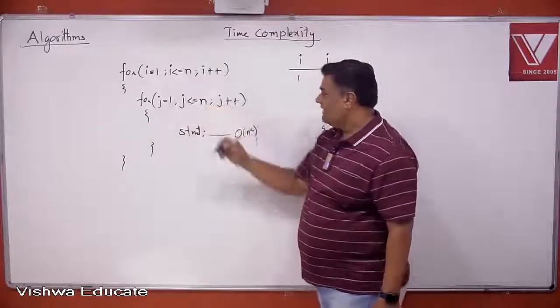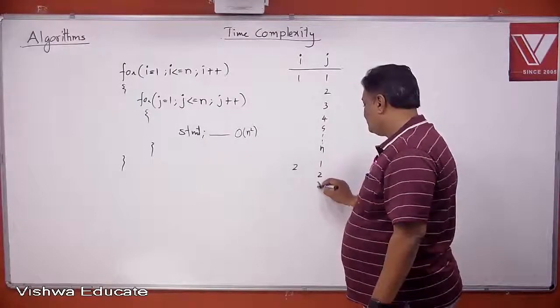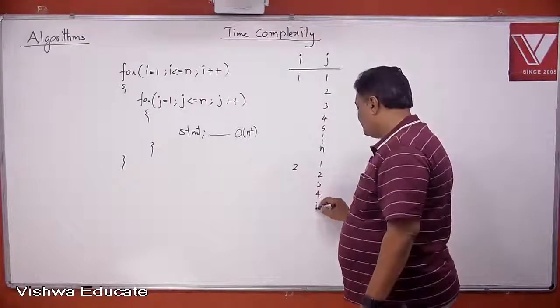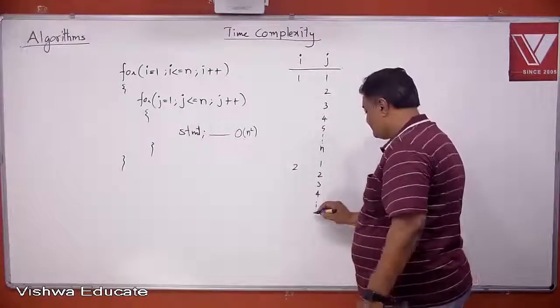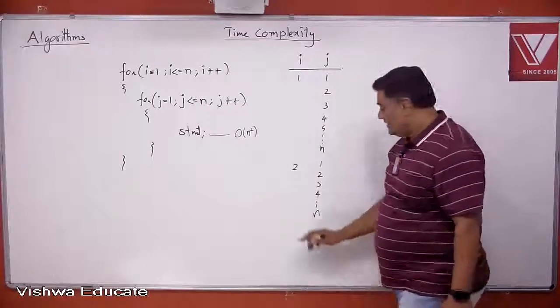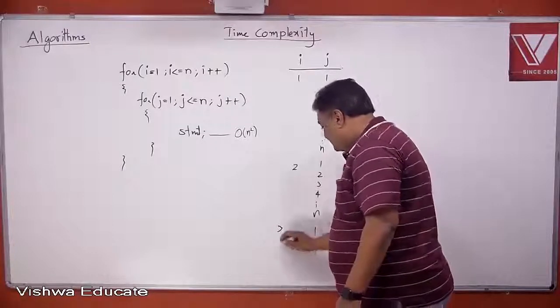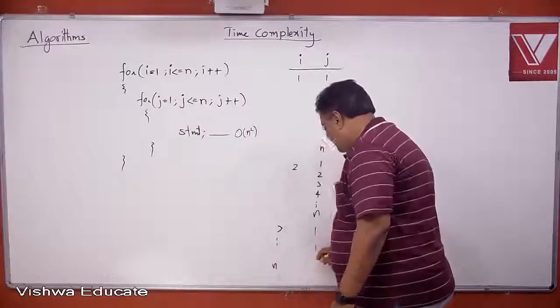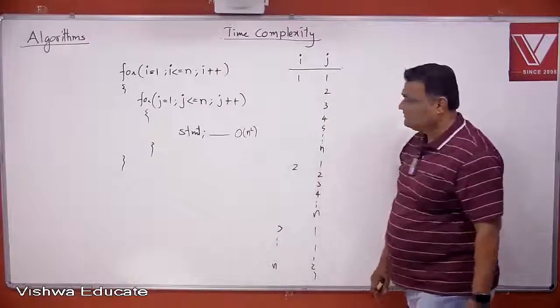Then it will go back, i will become 2, then again it will start 1, 2, 3, 4, goes on to n. Then i becomes 3, and again it will start, and so on. Then i will become n, that time also j will start from 1, 2, 3, and so on to n.